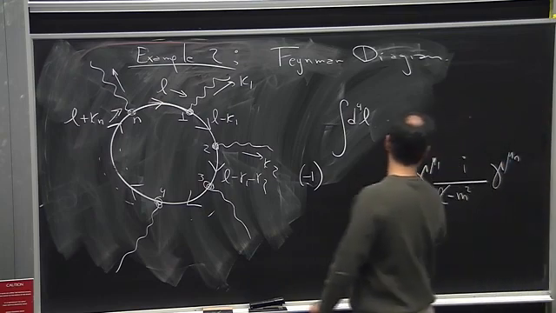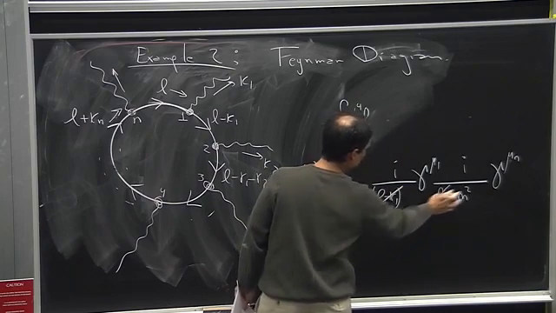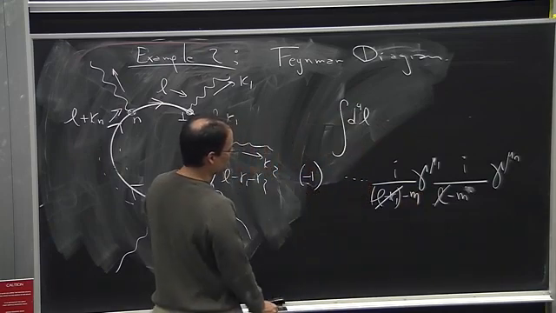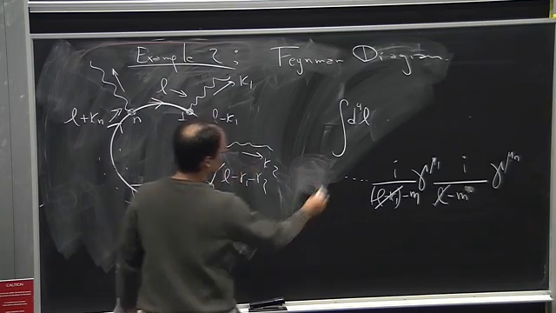Mu1 I over L minus K1 slash, minus M. And I keep going all the way. So let's put the minus 1 here.